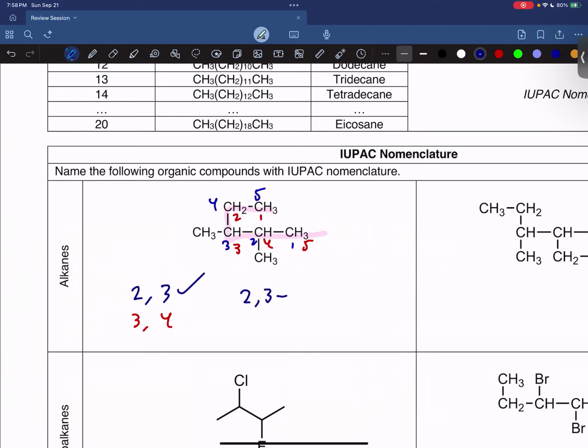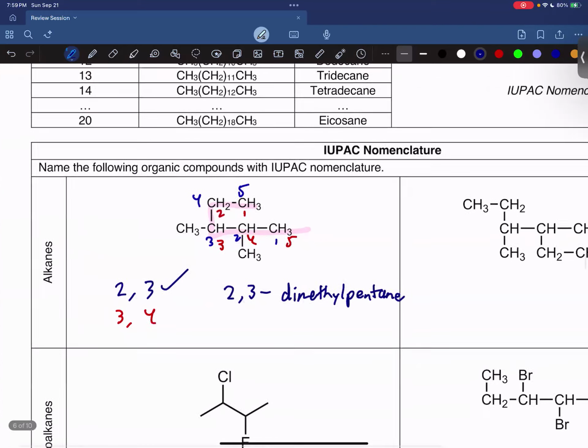How many methyls do I have? So I have dimethyl, because we have 2 methyls. And then what's the parent chain? I heard it, pentane. There are 5 carbons. So yeah, there you go. 2,3-dimethylpentane. And that tells you everything you need to know.